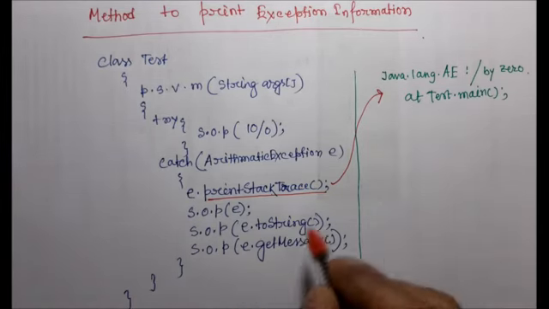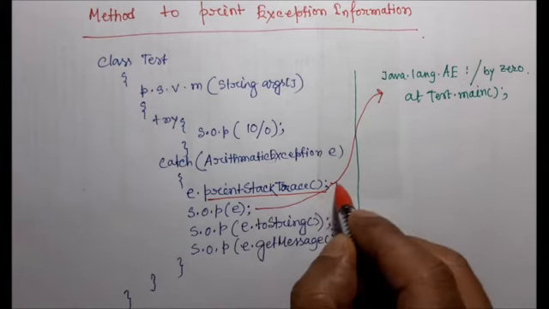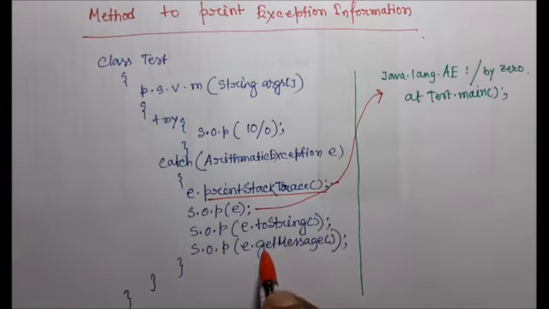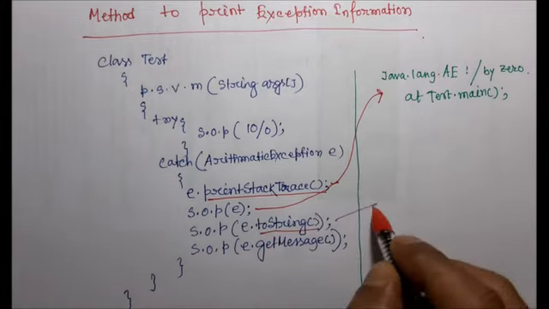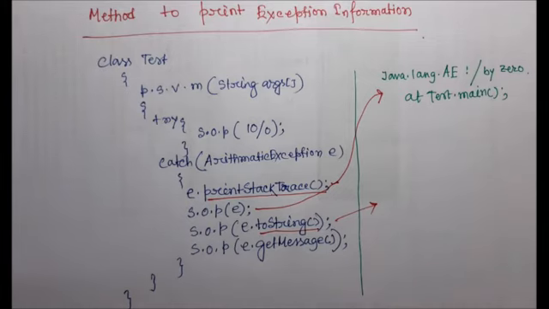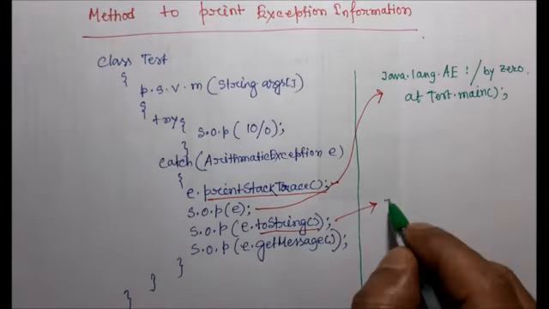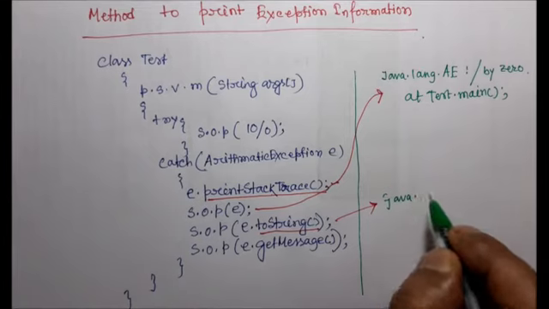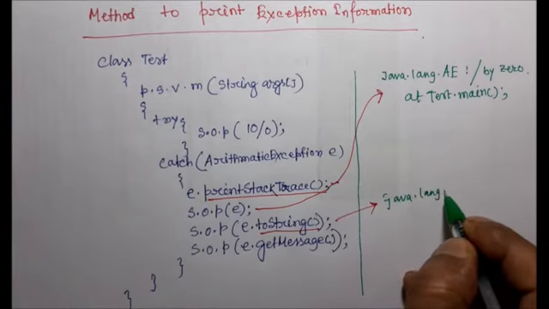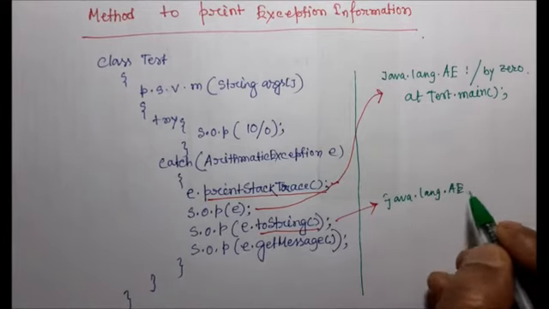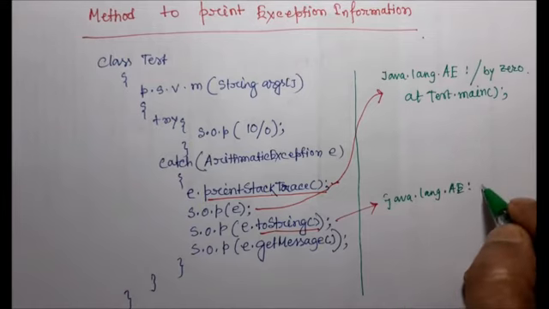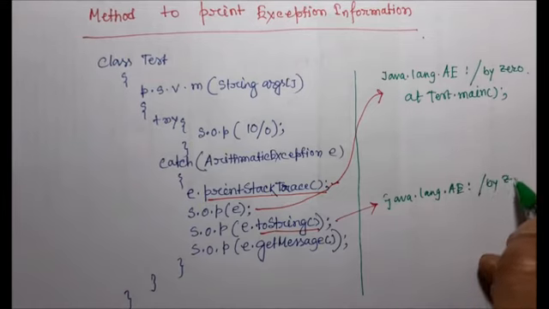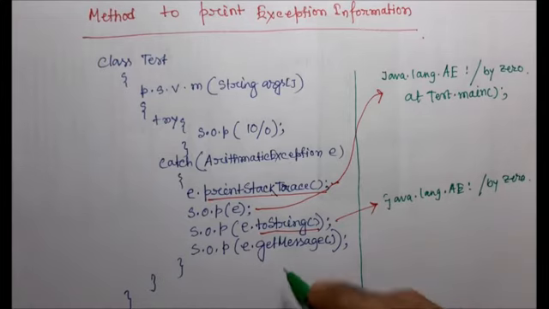And if I use only the toString method, it gives just the name of the exception. I will get as output java.lang.ArithmeticException: / by zero, the name and description. This information will be printed by this method.